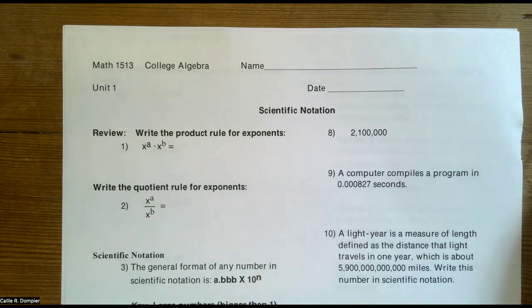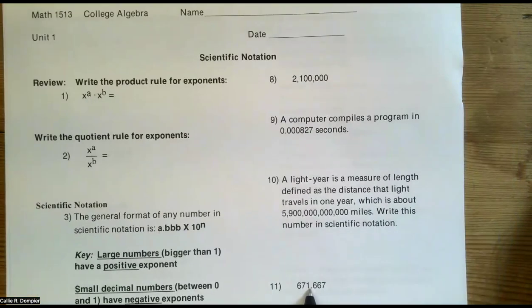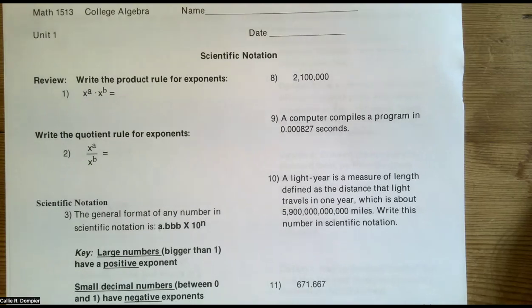Okay, that's what we mean by scientific notation. So you're going to take a really big number and you're going to notate it as a single digit. So instead of 671, it'll be 6.71 times 10 to the power of 2.